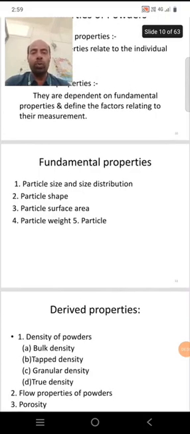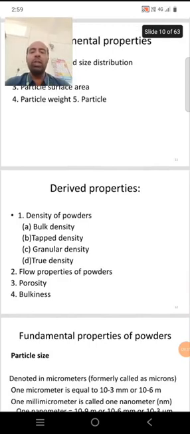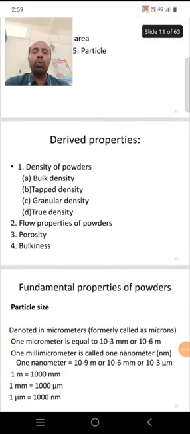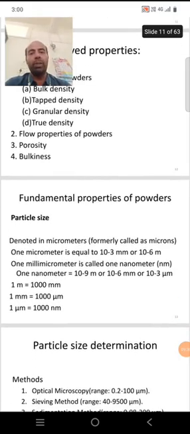These include particle size and size distribution, particle shape, particle surface area, and particle weight. In the derived properties, the first one is the density of powder, which includes bulk density, tapped density, granular density, and true density. The most important derived properties are the flow properties of powder, porosity, and bulkiness. These are the derived properties of Micromeritics.